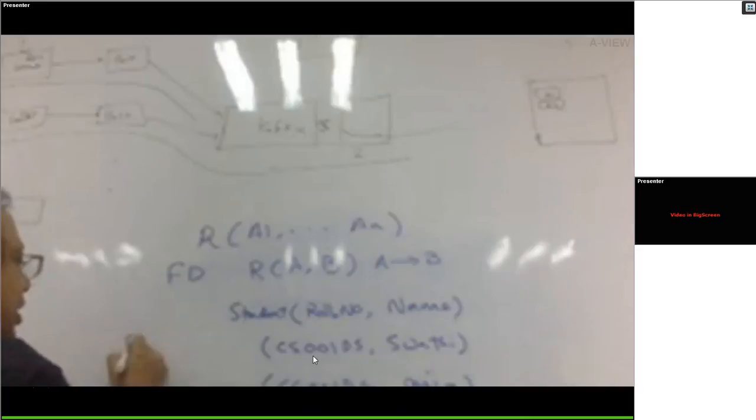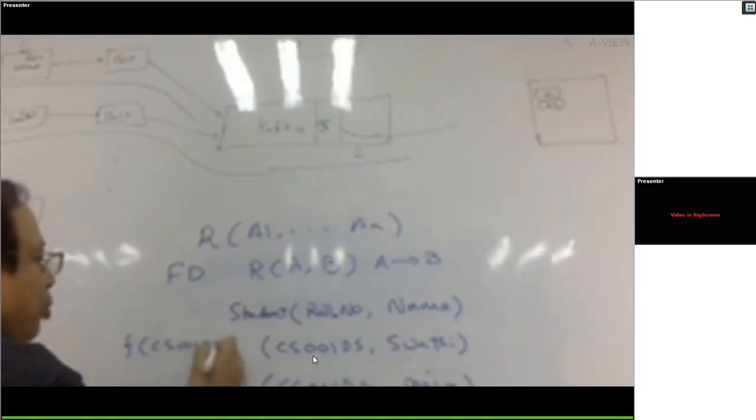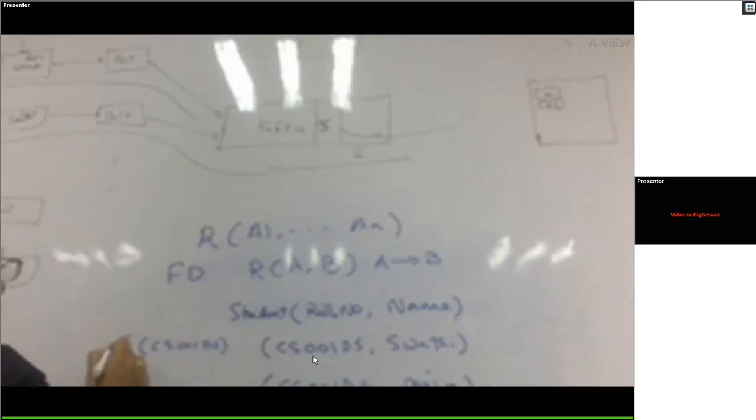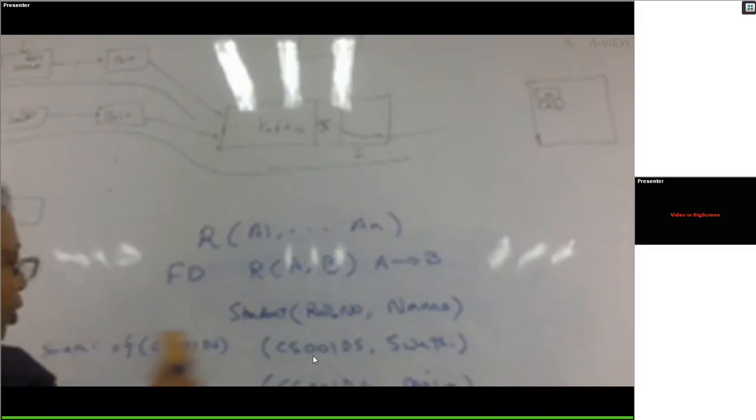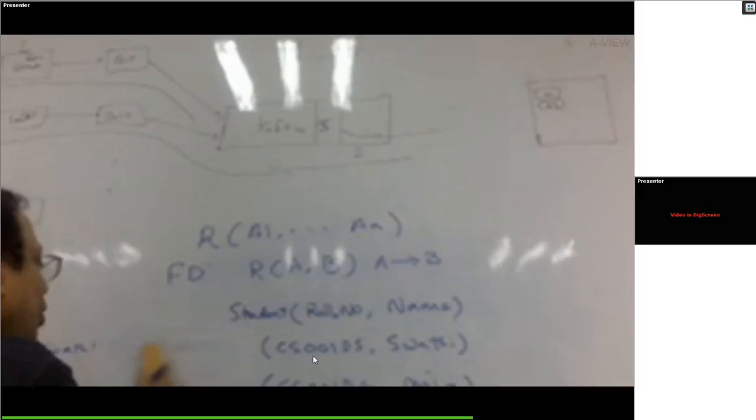I'm not actually writing something mathematical, like if you put in CS001 it somehow produces the character string Swati. These are values that are taken. It's not a mathematical functional dependency, but a value dependency.